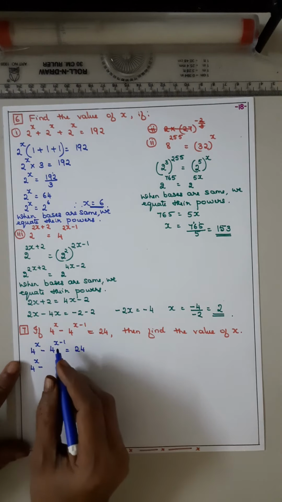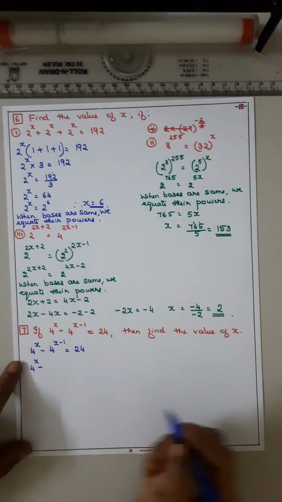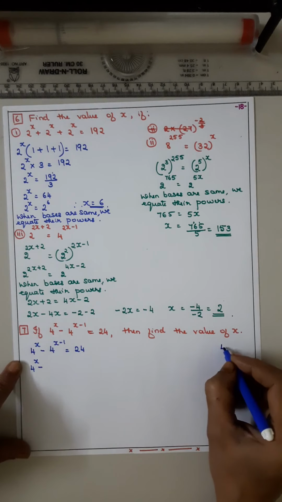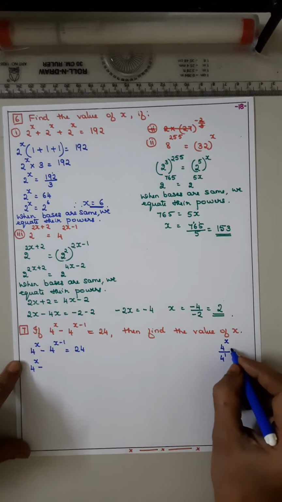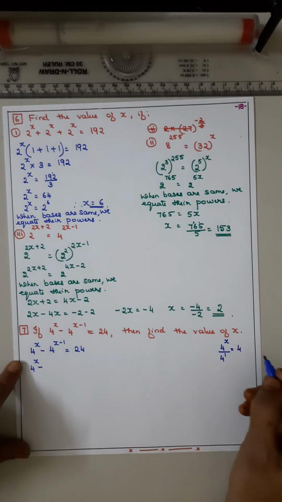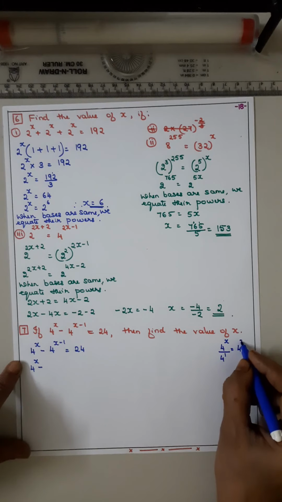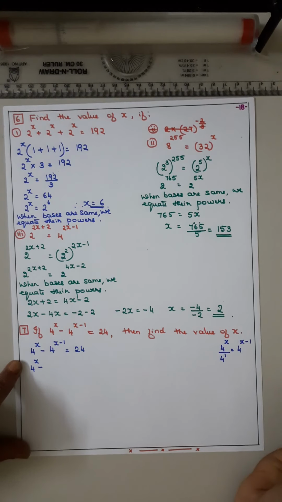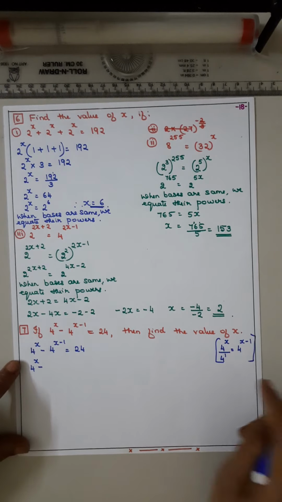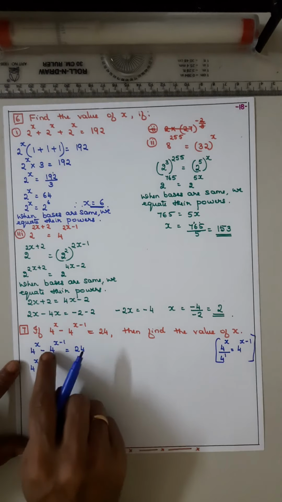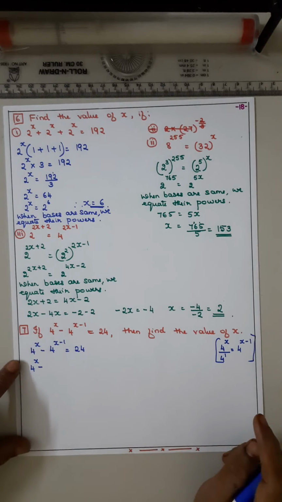Now 4 to the power x minus 1 means what? 4 to the power x upon 4 to the power 1. When the bases are same, you subtract the powers. Isn't it? So this is the method. Here you are writing in the reverse way.